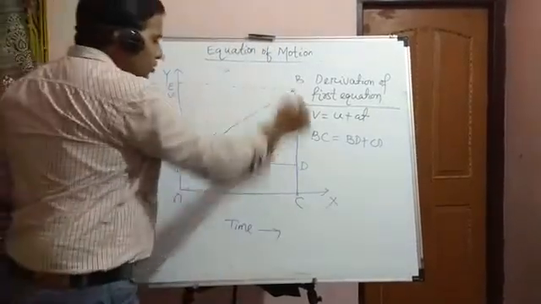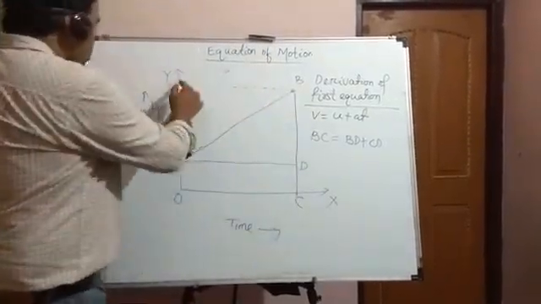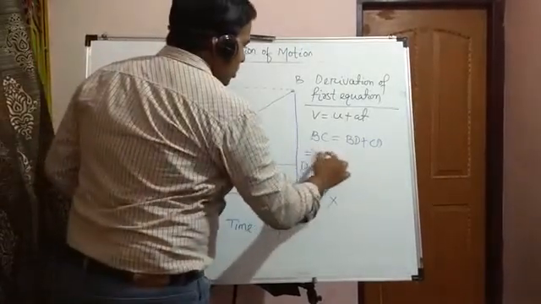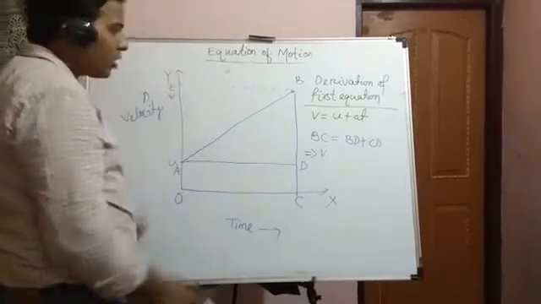Okay, now in place of BC, let's put OE, that is V. How is BC equal to V?